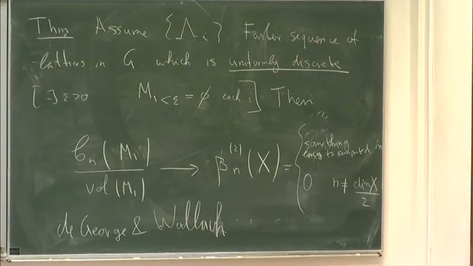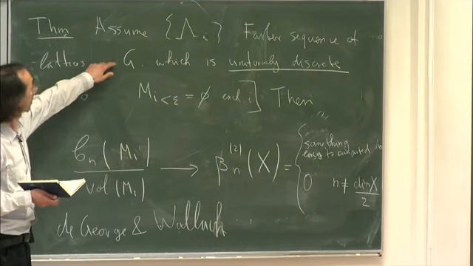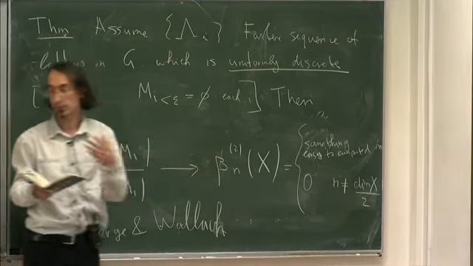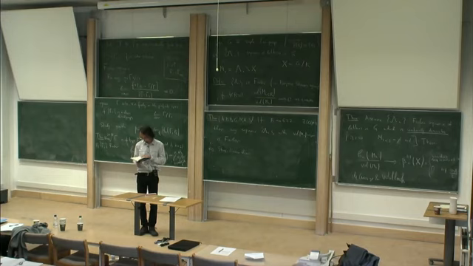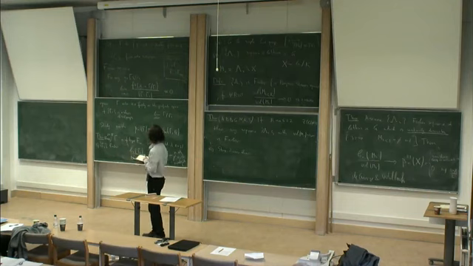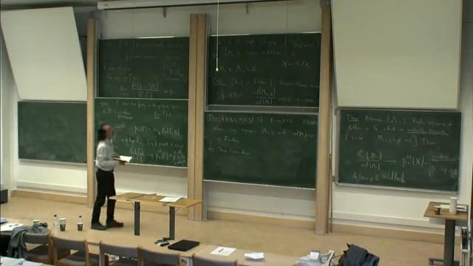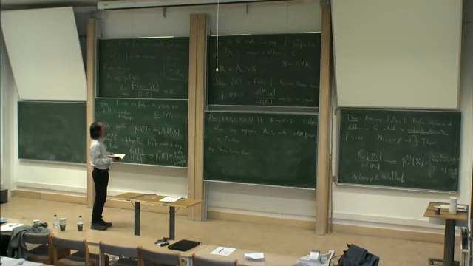But in case the rank is bigger than 2, then this first condition is automatic, and uniformly discrete is expected by the Margulis conjecture. But we can't say anything about the Margulis conjecture. So in my talk, this is just an introduction to approximations and why they give you interesting results.